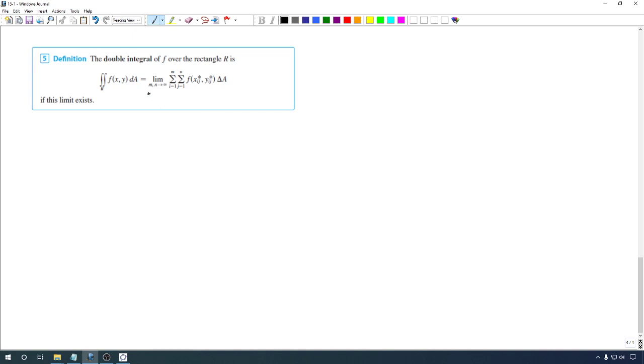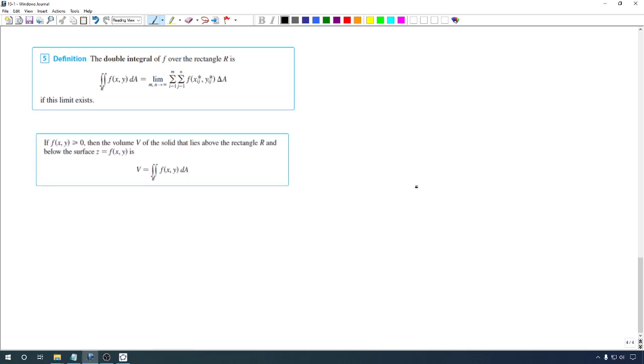Now, the book tries to make this somewhat formal, and again, if you're truly interested in making all this stuff really precise, you'd have to take a course in advanced calculus. But the main thing is that we have a way of essentially saying what the volume should be.